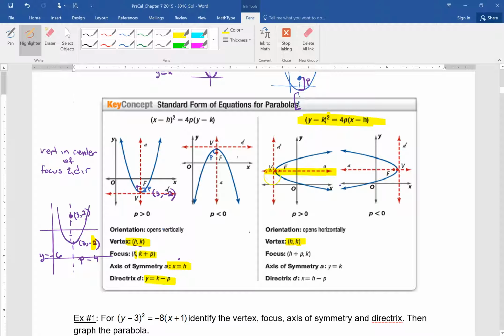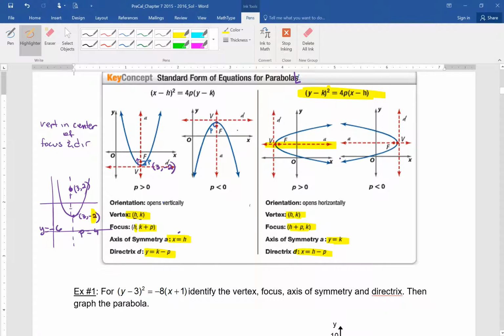That means if I'm at the vertex and I have to go to the focus, I have to go horizontally. So my h is going to change and the k will stay the same. The axis of symmetry is y equals k and the directrix is x equals h minus p. All right, let's do an example.